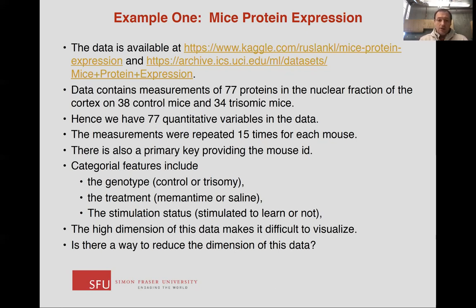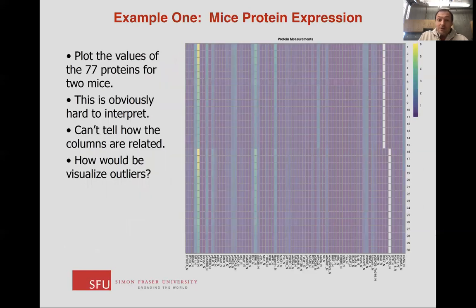So the high dimension, the 77 variables, clearly make this very difficult to visualize. So let's see about ways to reduce the dimension. All right, so first, suppose we didn't want to visualize all 77 quantitative dimensions. Here's one way to do it. This is a heat map.